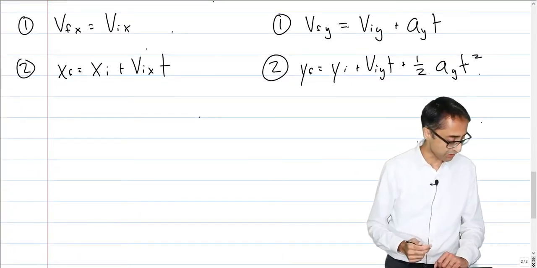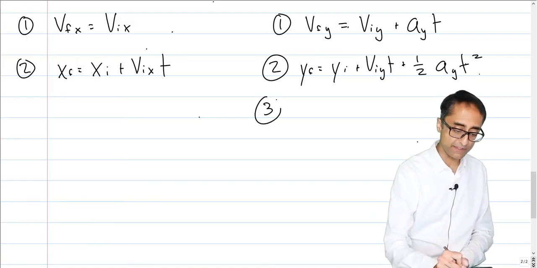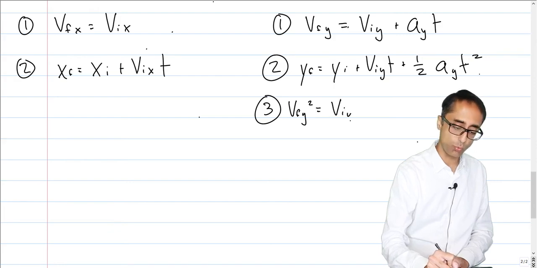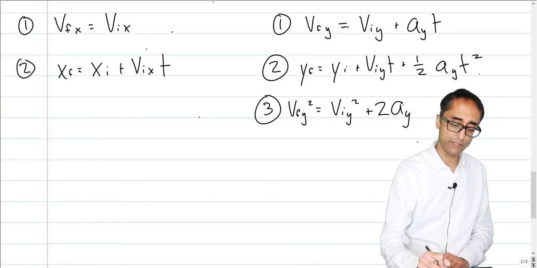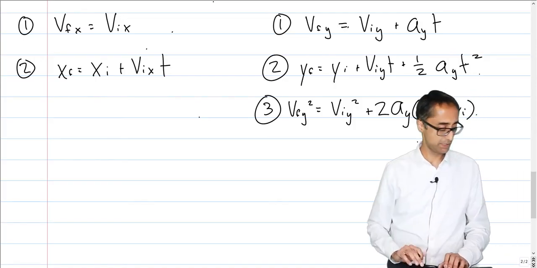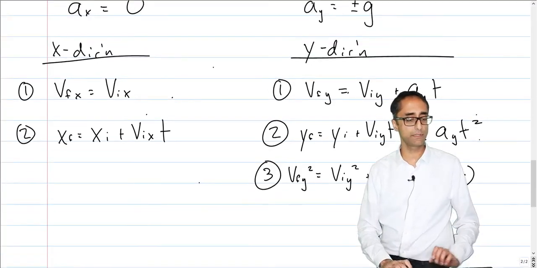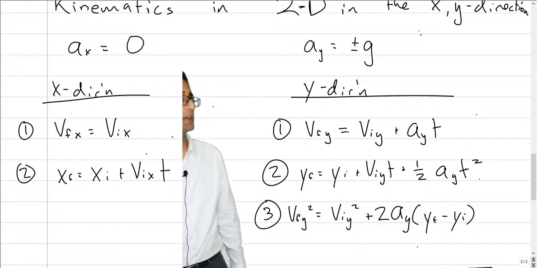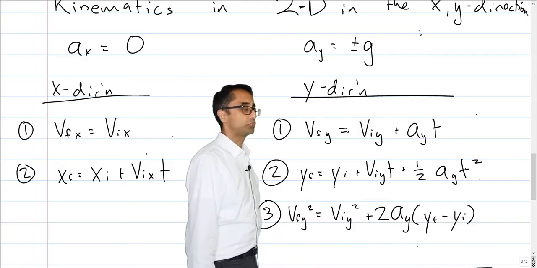All right, so our third equation this time is valid and useful, so let's write that down as vfy squared equals v initial y squared plus 2 times the acceleration in the y direction, y final minus y initial. And that's it. That gives us our kinematic equations for projectile motion.